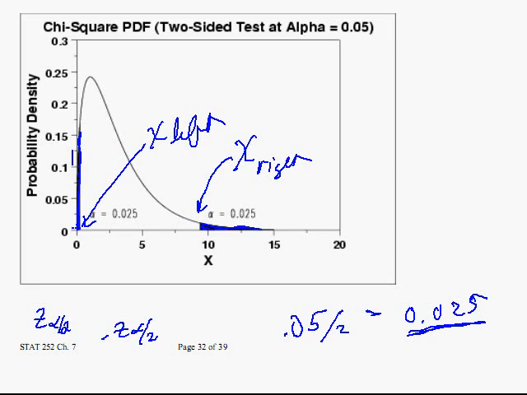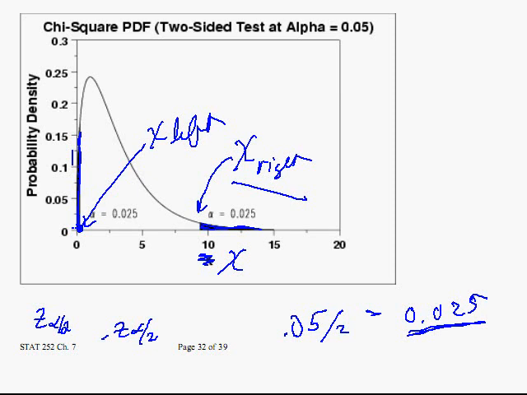Each tail will contain half of the rejected area. So everything's the same up to now, but because of the lack of symmetry in this chi-square curve, you have to find different values for the edges. So this is what's being rejected on this side. You call that value chi and then subscript right. Here is the value rejected on this side, that's chi left, and this isn't x, these are really supposed to be chi's.